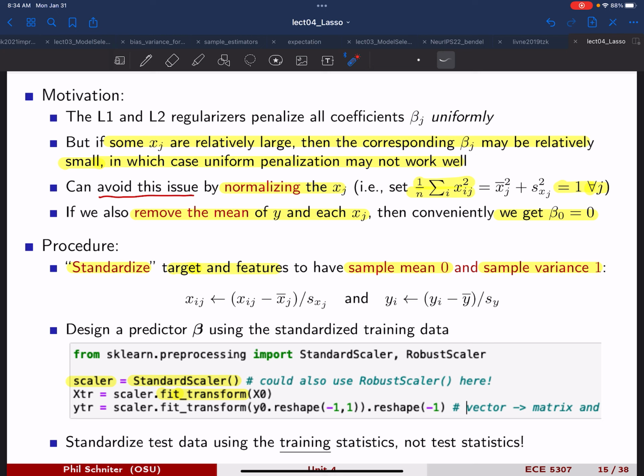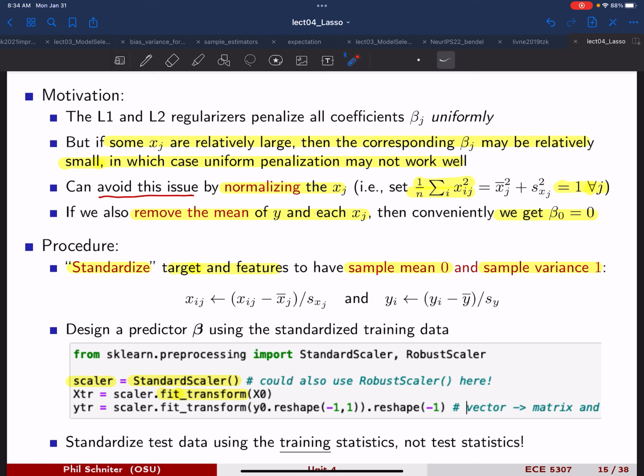And notice that as before, we're starting our summations at 1, not at 0. In fact, we're not even going to fit the beta 0 coefficient at all. Again, this is standardized, right?